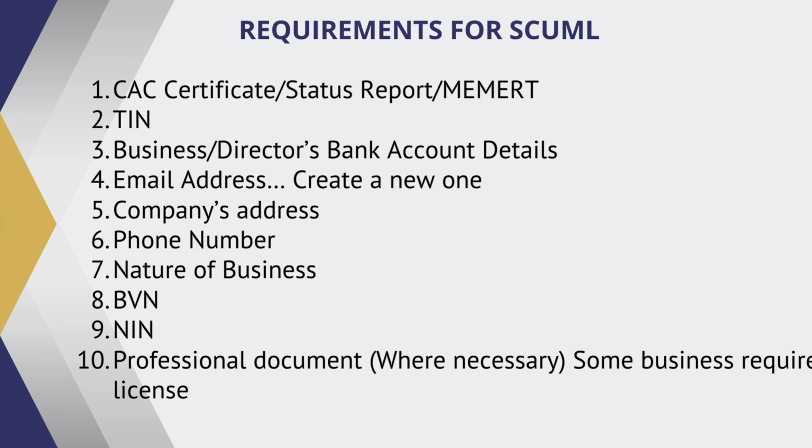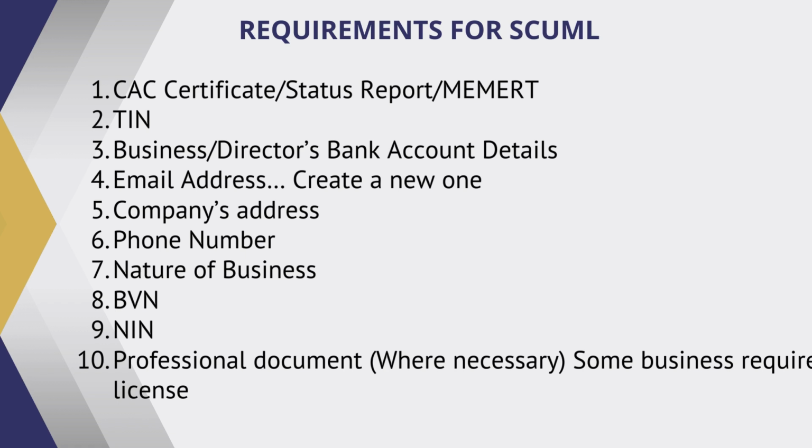The second requirement is TIN, that's tax identification number. You need the client's TIN for the company. The company must have its own TIN. Before now, a limited registration used to come along with the TIN.